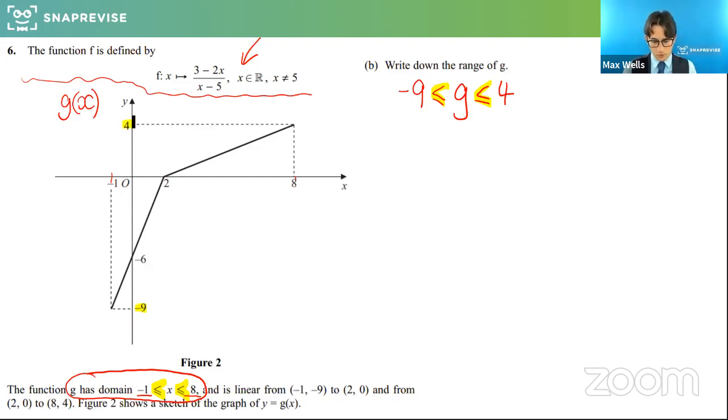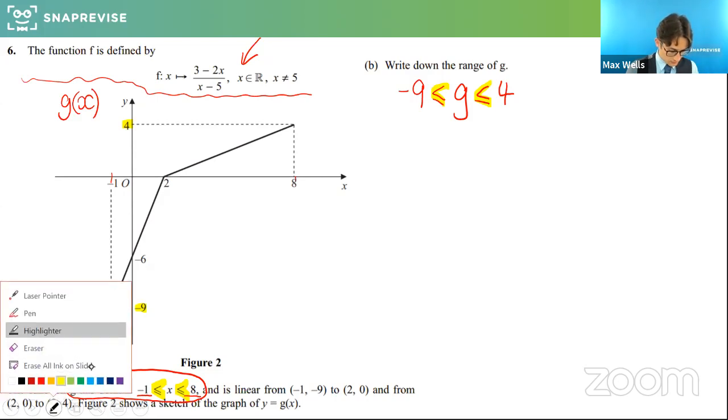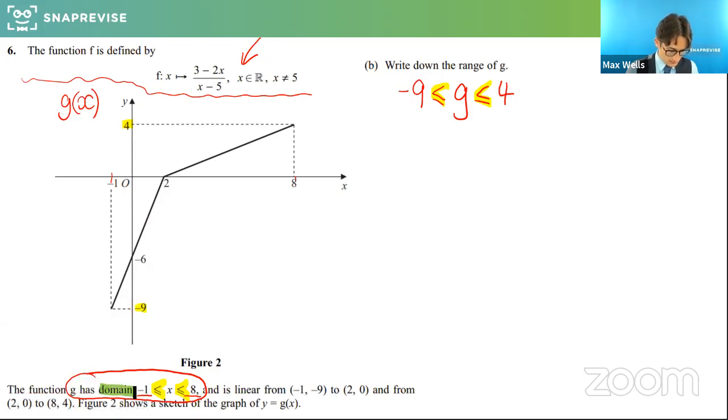The domain is talking about what x can be: x can go into this function anywhere between -1 and 8. And the range is that anything can come out of this function between -9 and 4. So for range you're looking at y values, for domain you're looking at x values. Hopefully that's clear.